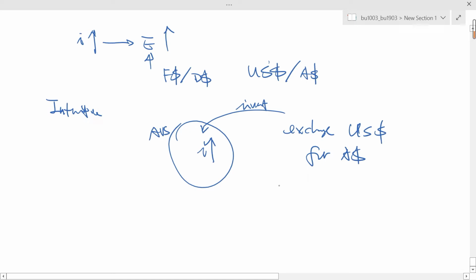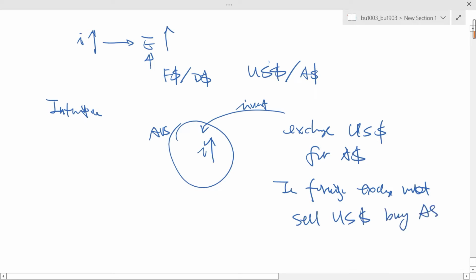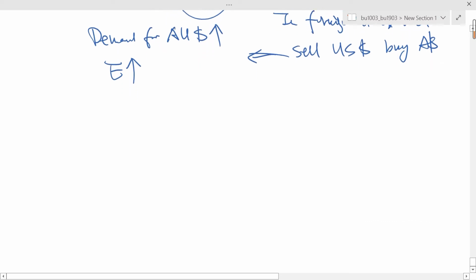To do so, in the foreign exchange market, investors will sell US dollars and buy Australian dollars. This implies demand for Australian dollars goes up. Then the price of Australian dollars, or the exchange rate, goes up.